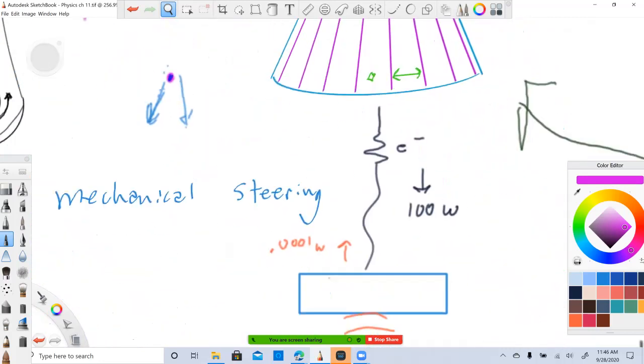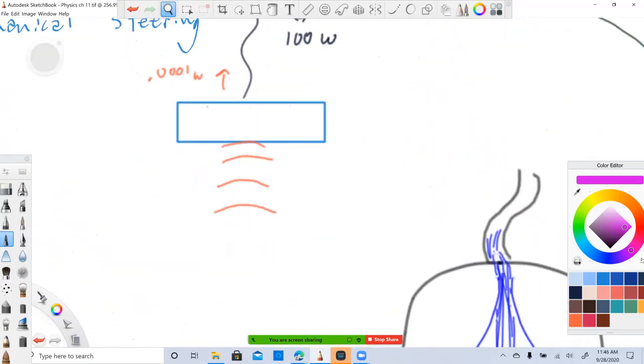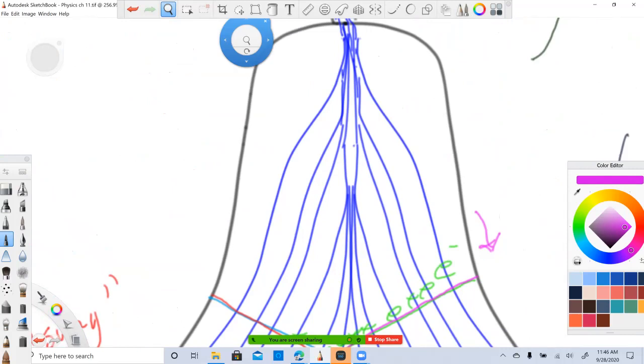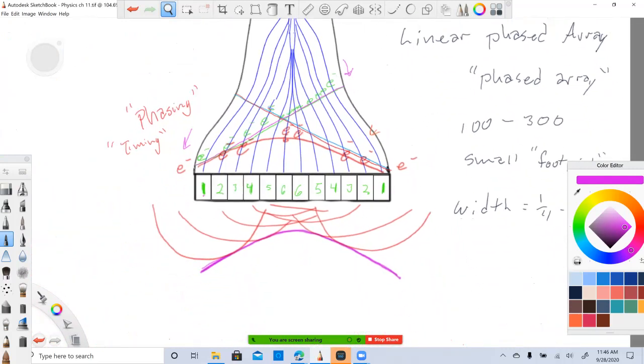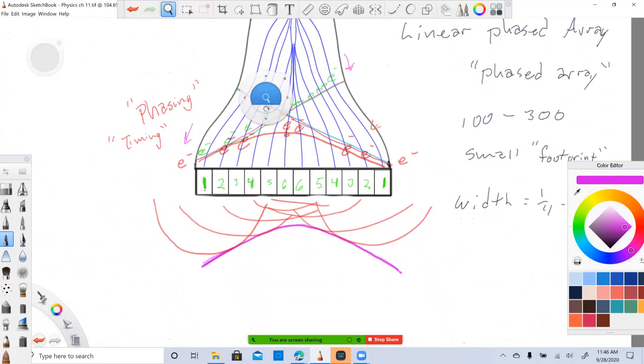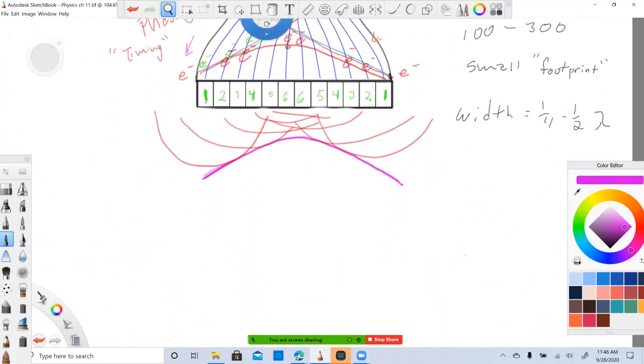So electronically, we just achieved the same thing. We've taken the focus.